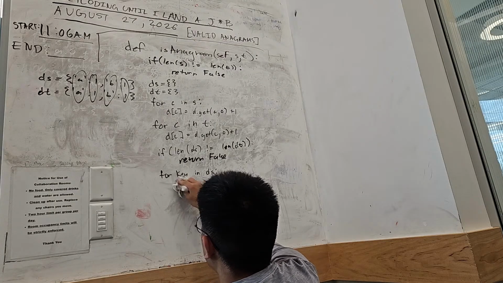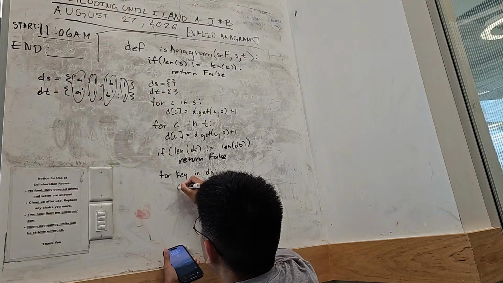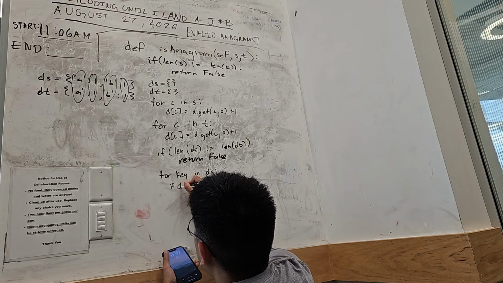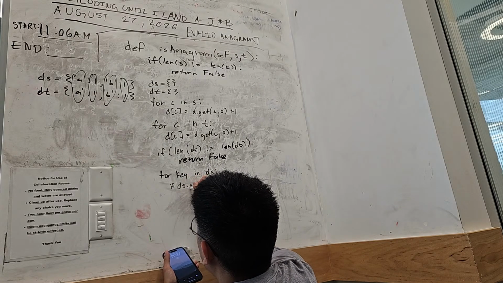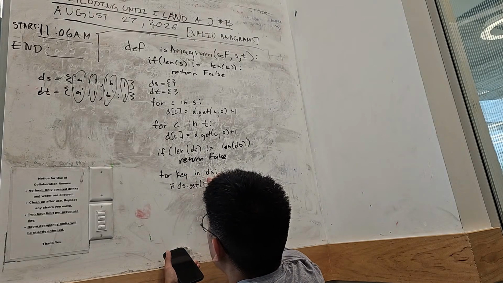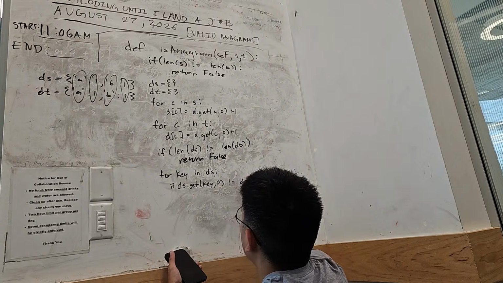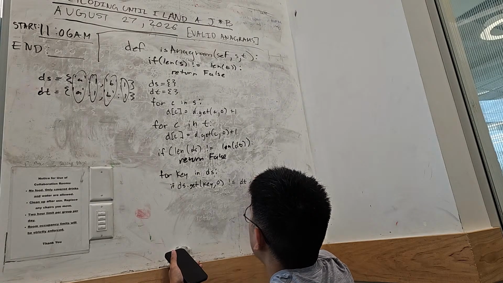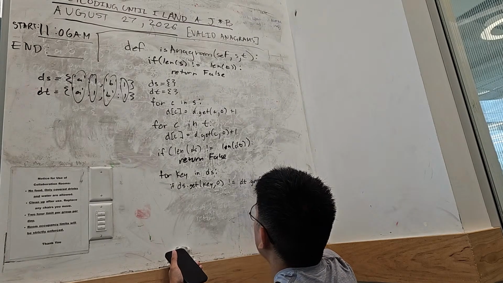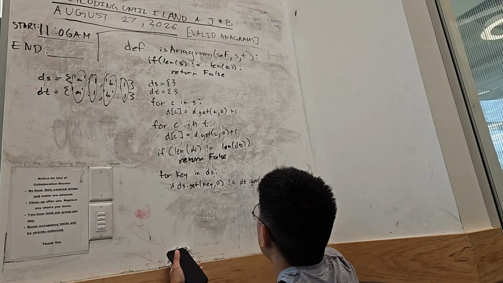So what we're gonna do is, if d of s dot get key 0 is not equal to d of t dot get key 0.